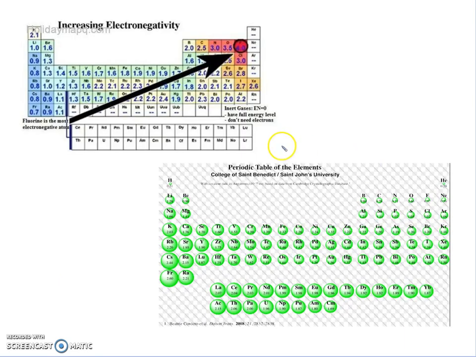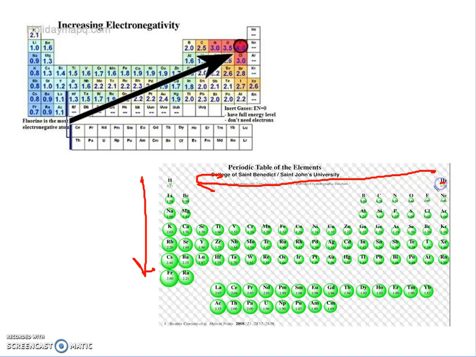So to summarize, we have these two patterns actually. And this is the one we found with atomic radius, that atomic radius increases as we go down, and actually as we go to the left it increases, because when we went to the right it decreased, so the opposite obviously.